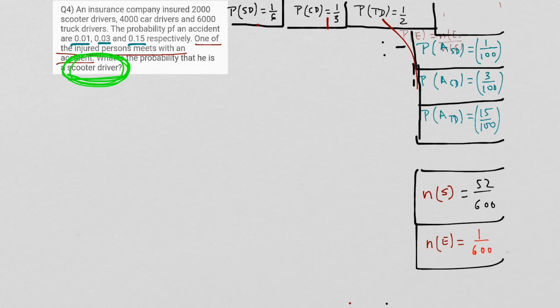As we know, probability is equal to NE by NS. We know NE being 1 upon 600 and NS being 52 upon 600.